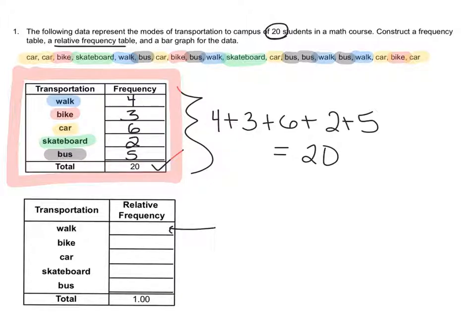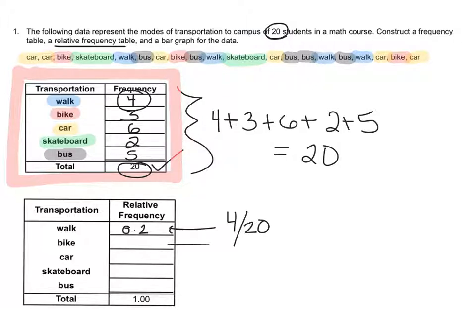So to find the relative frequency for walk, I just take my frequency, which was 4, and then divide it by the total, which was 20. And 4 divided by 20 is 0.2, so my relative frequency is just 0.2.